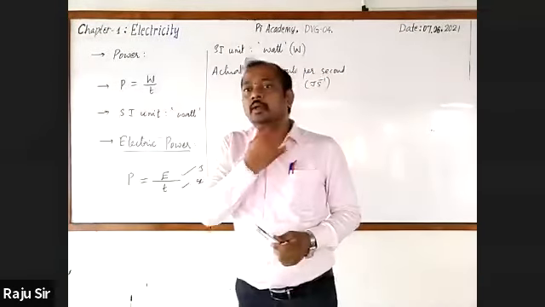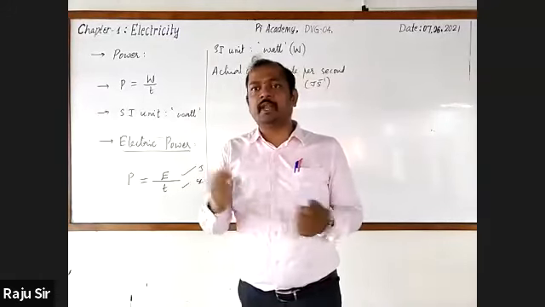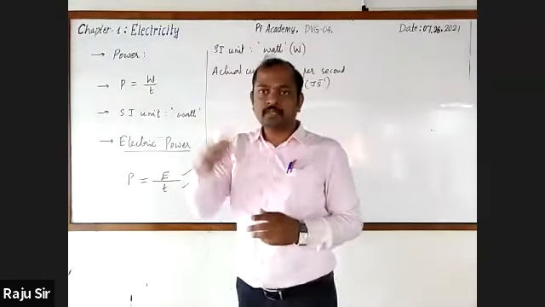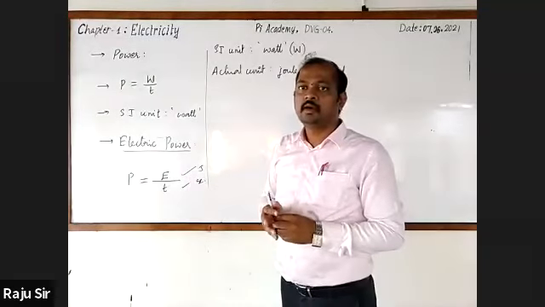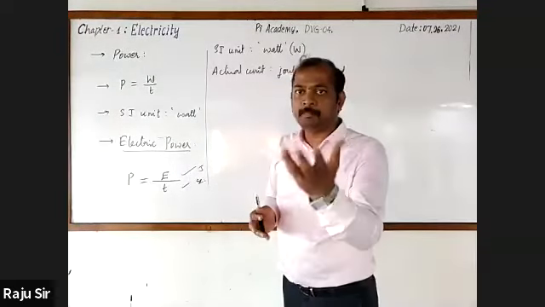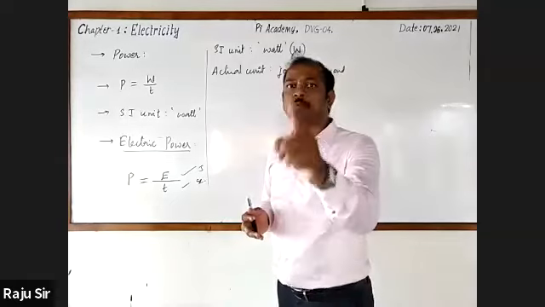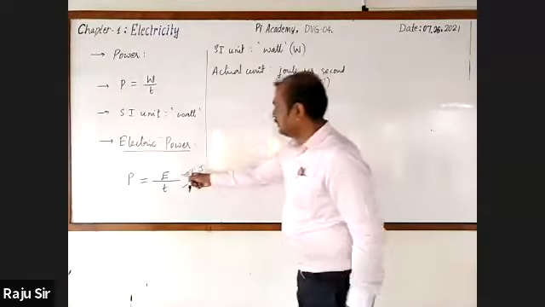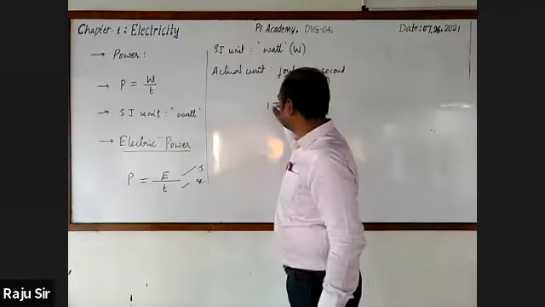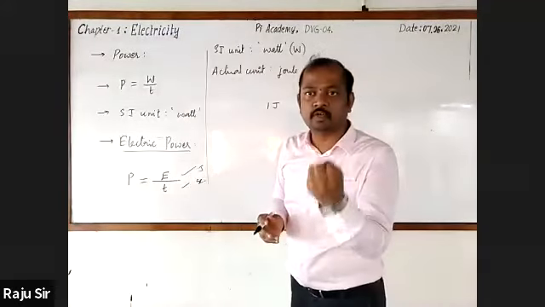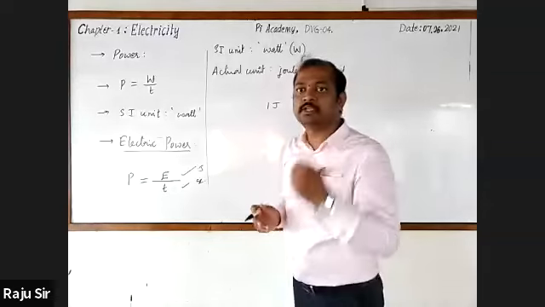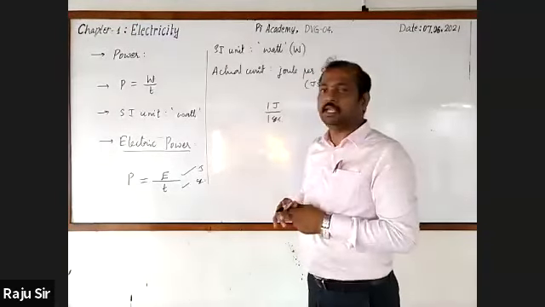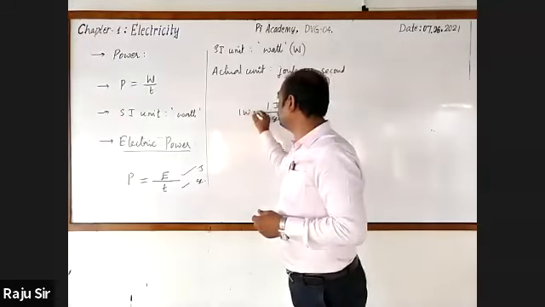Now, the electric power of an electrical component is said to be 1 watt with the condition. Are you all understanding? If the electrical component consumes or uses 1 joule of electrical energy in 1 second, then its power is said to be 1 watt.